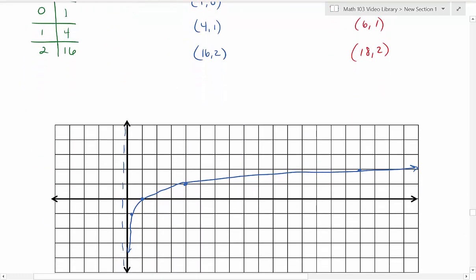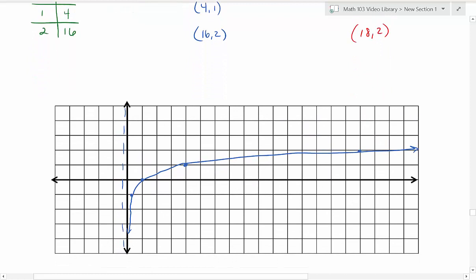Before we plot those 4 points, I'd like to talk about the vertical asymptote. Is that vertical asymptote going to be affected if we shift the graph to the right 2 units? Yes, it is. It will also have to shift to the right 2 units.